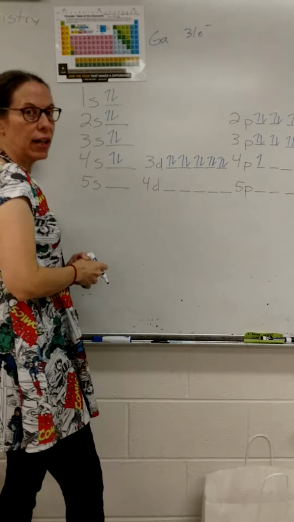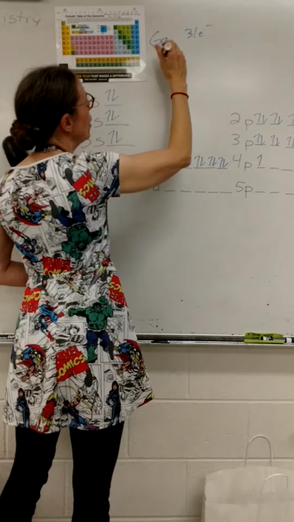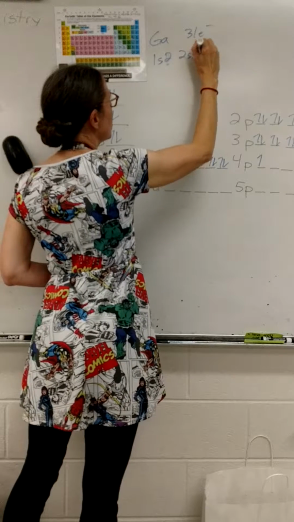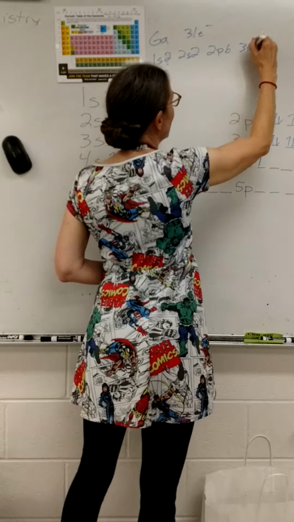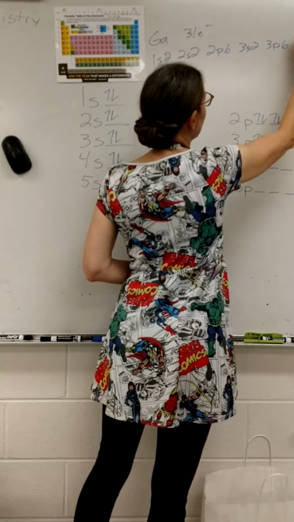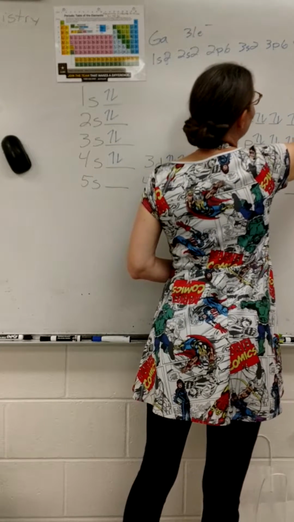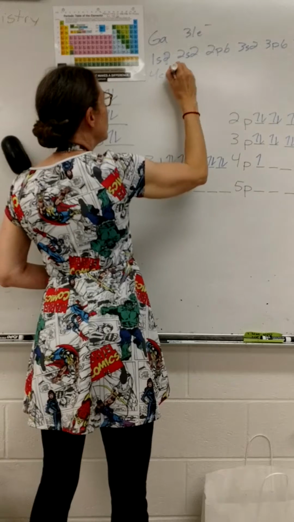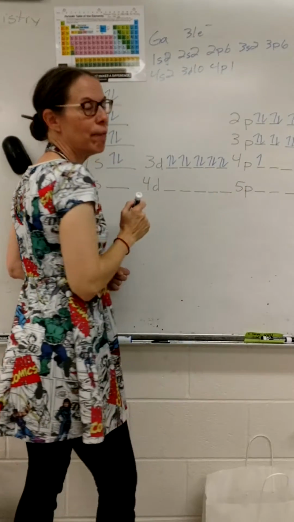So the electron configuration for gallium, the full electron configuration, is 1s2, 2s2, 2p6, 3s2, 3p6, 4s2, 3d10, 4p1.